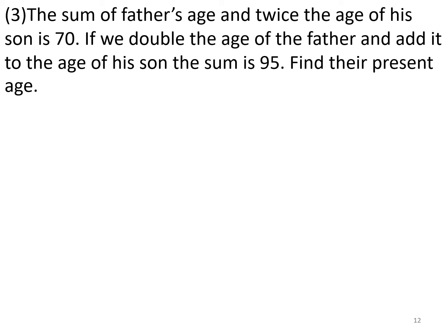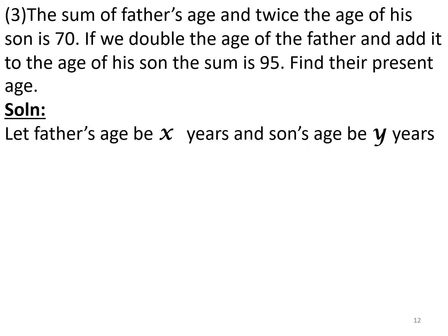Find their present ages. So we have two conditions here. Before we start writing the conditions, let us give the variables. Let the father's age be X years and the son's age be Y years.